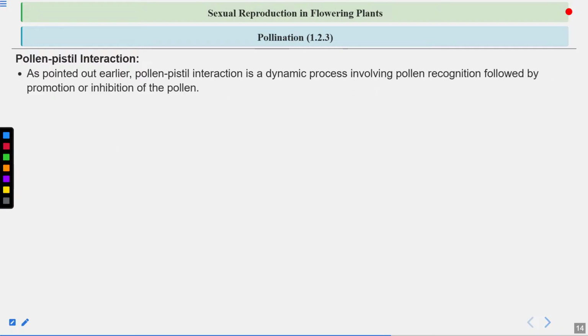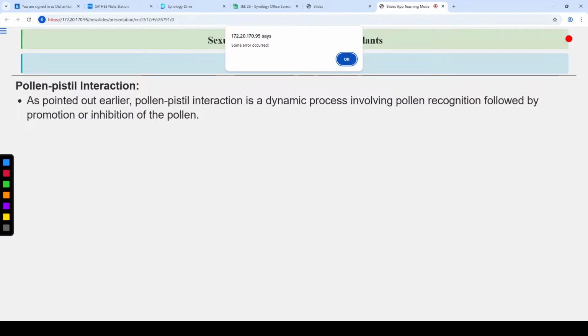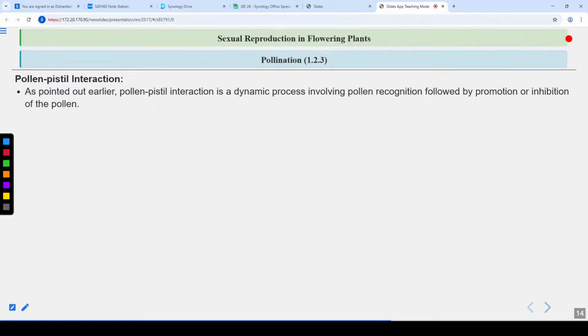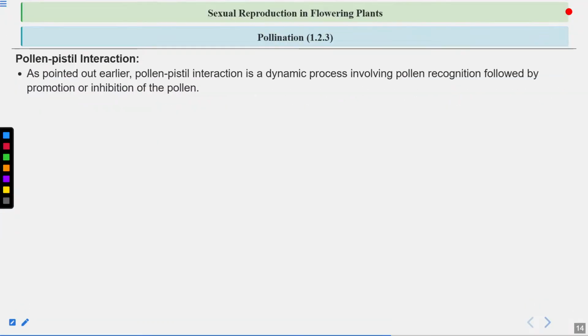As pointed out earlier, the pollen-pistil interaction is a dynamic process involving pollen recognition followed by the promotion or the inhibition of the pollen tube. Dynamic process means it is a continuous process.